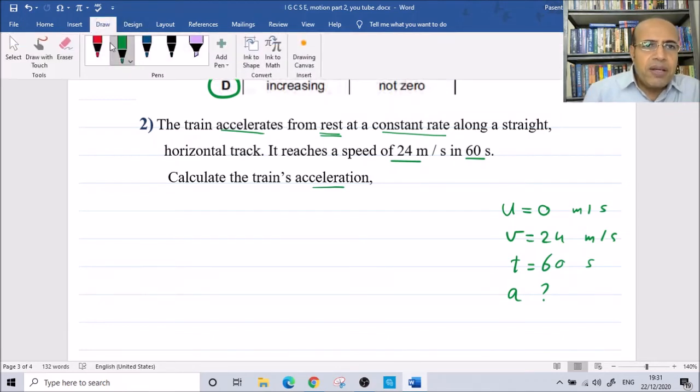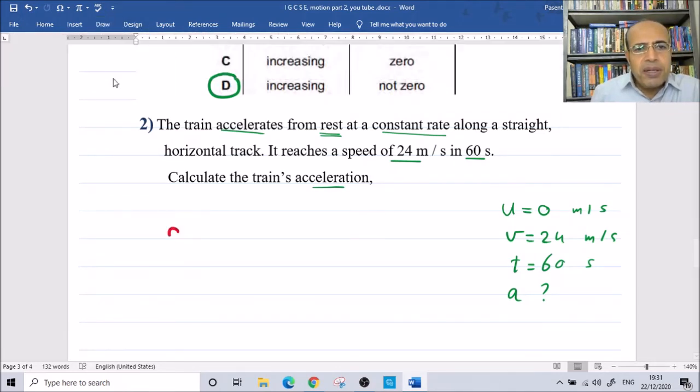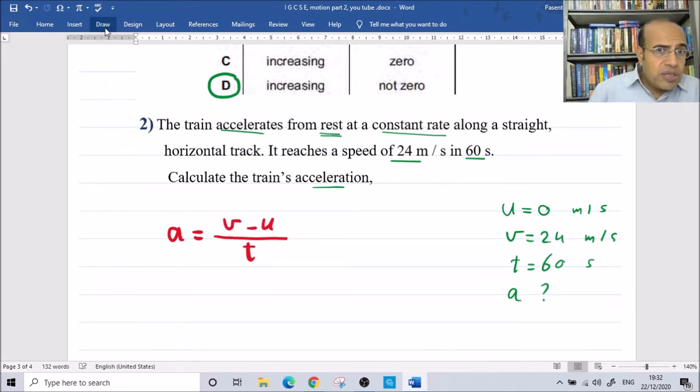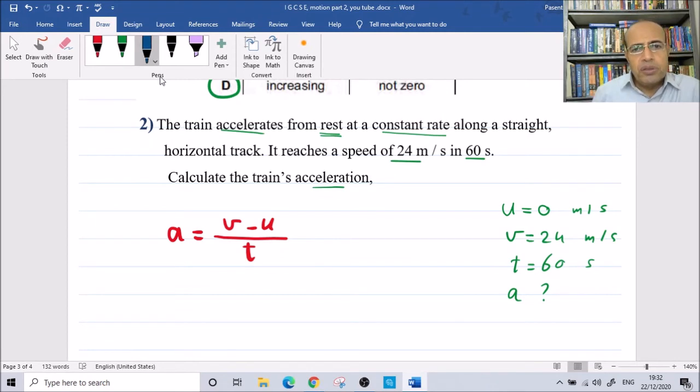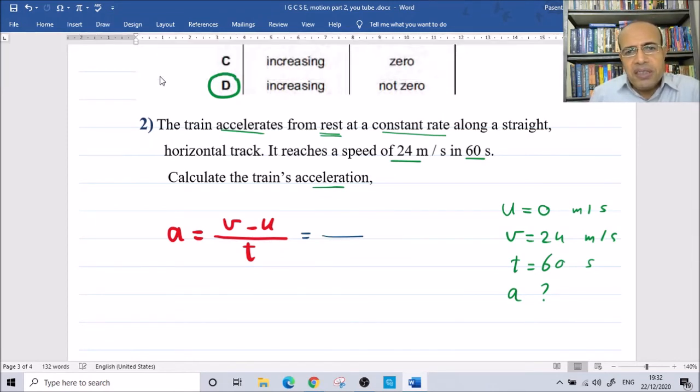What is the formula that we can use? Remember, a equals v minus u over t. So this is the rule that we can use. So we continue. v is the final velocity, which is 24, minus u, initial velocity 0, over time 60. 24 minus 0 is 24. 24 divided by 60, the answer is 0.4.